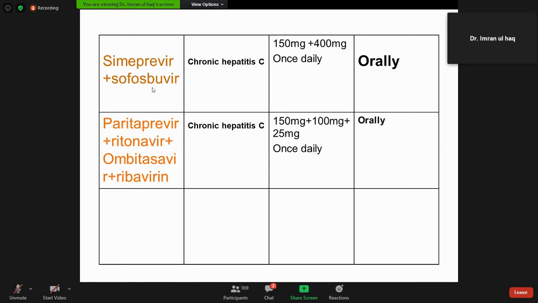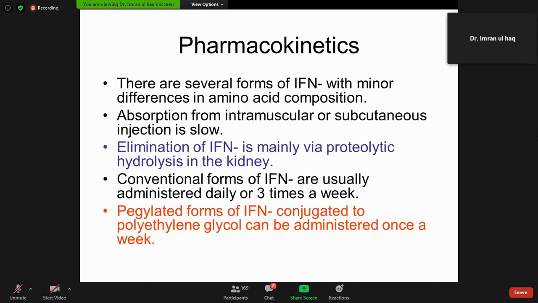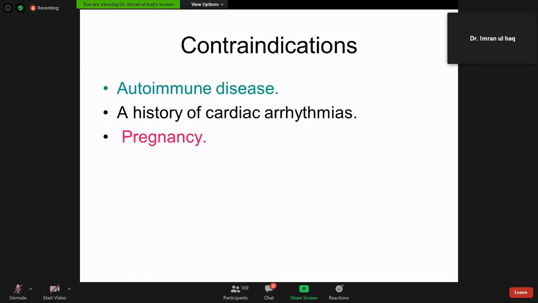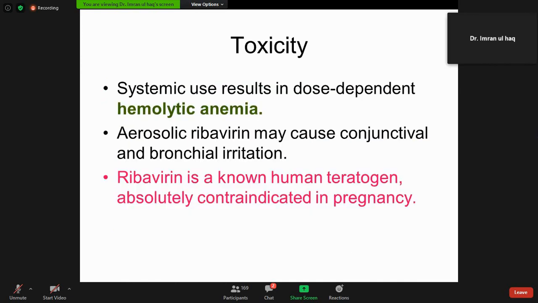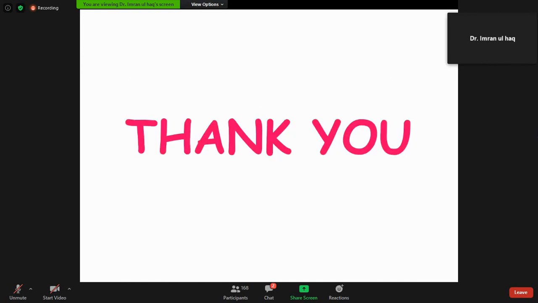So these are the examples, and these are the drugs that inhibit NS3/4A protease, right? So these are the important points that at least you must remember at this level. I think if you remember or memorize these important points, that would be enough for you as far as the important points regarding the exam are concerned. Okay, thank you so much.